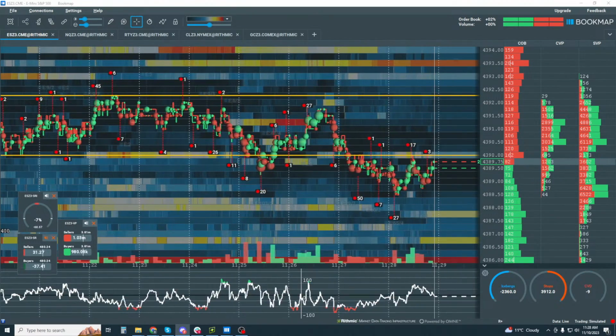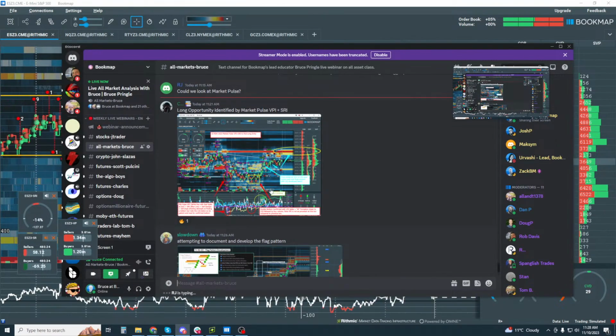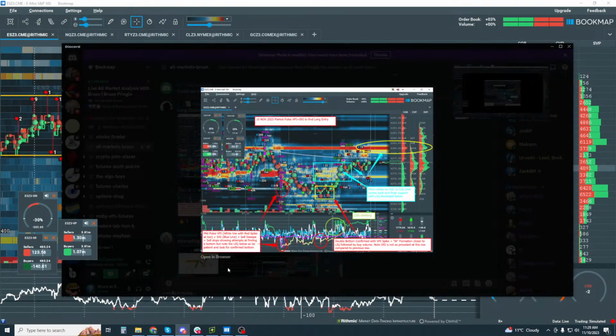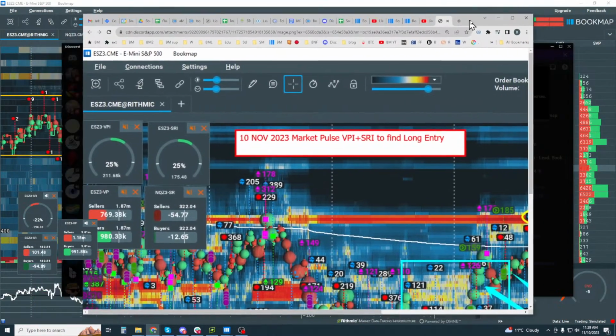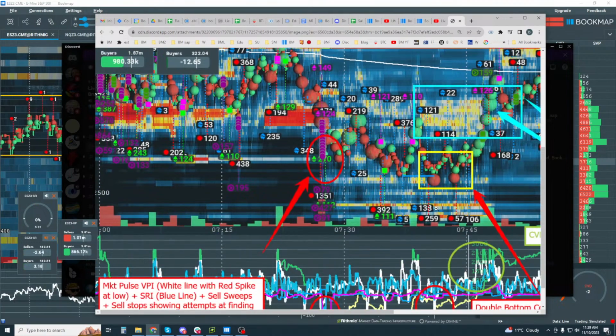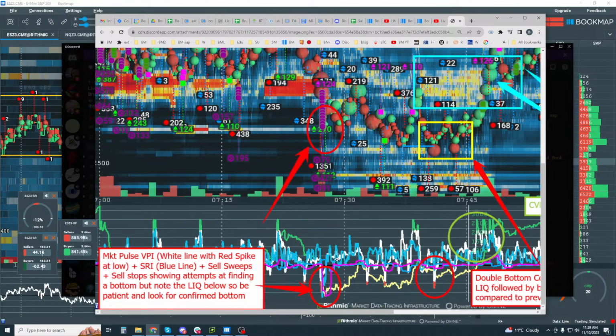Let me show you what I mean in here. We got some great stuff in here. This is what we went through yesterday in the Bookmap Academy meeting. Like Crash F16 is using his market pulse volume, pressure, and balance, and then also support and resistance and balance, which is the blue line in here.